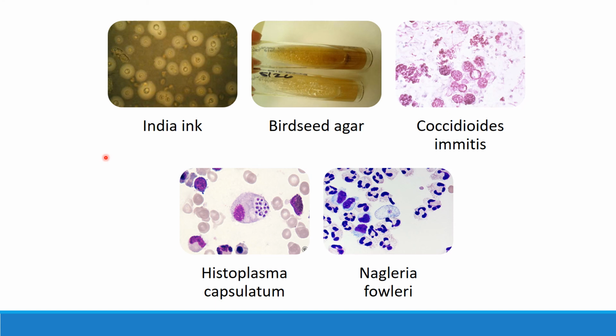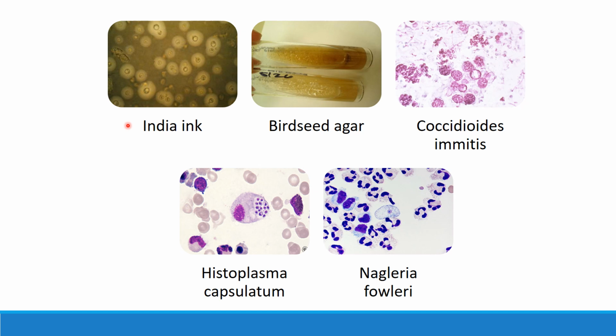India ink is a very dark pigment, and it'll turn your whole field dark, in this case dark brown to black. But around the yeast, it is repelled, because the yeast produces a very thick capsule that prevents the India ink from penetrating, so the light is able to pass through and it looks like a halo around the cell.